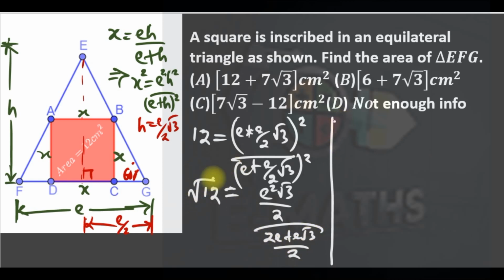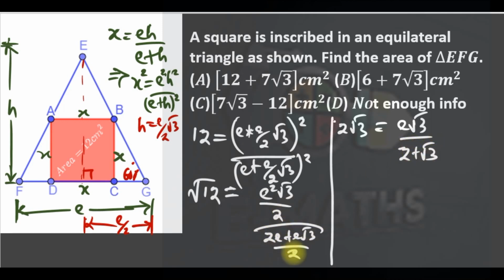So the square root of that is 2 root 3, while this 2 is gone, and we have E here, we have E. So we have E root 3. That's 1 E is gone. E is over 2 plus root 3.